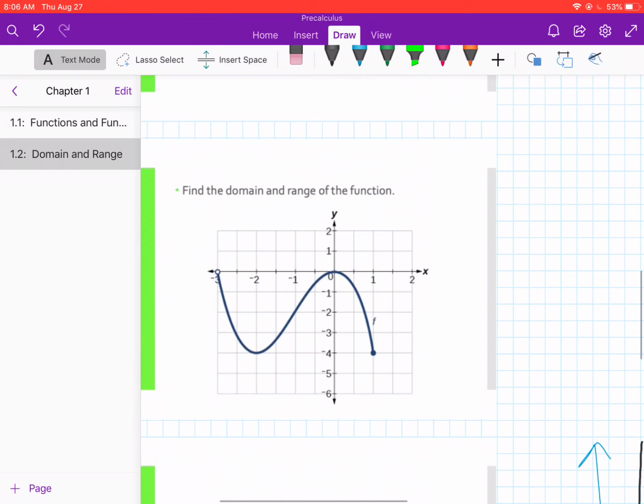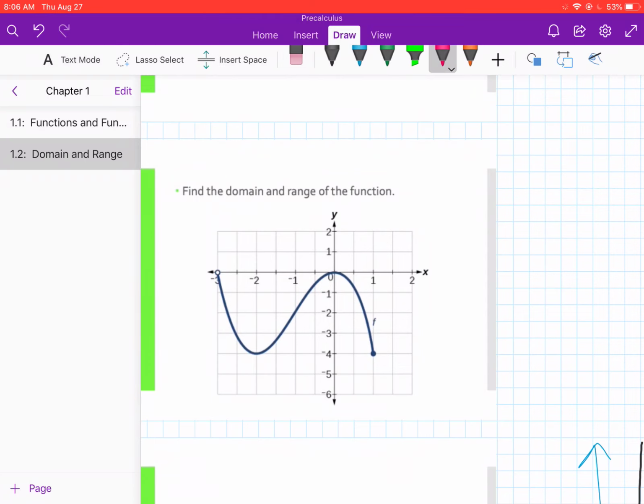And let's look at this graph, finding the domain and the range. Sometimes what helps is to try to draw a box around it. I know that my domain starts here and ends here. My range is going to start down here and end here. So how can we write this? Well, it's continuous, so we're going to use our interval notation again.